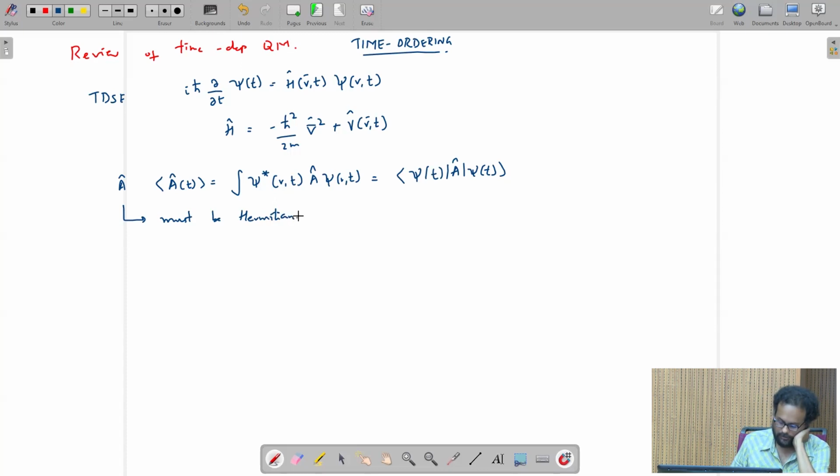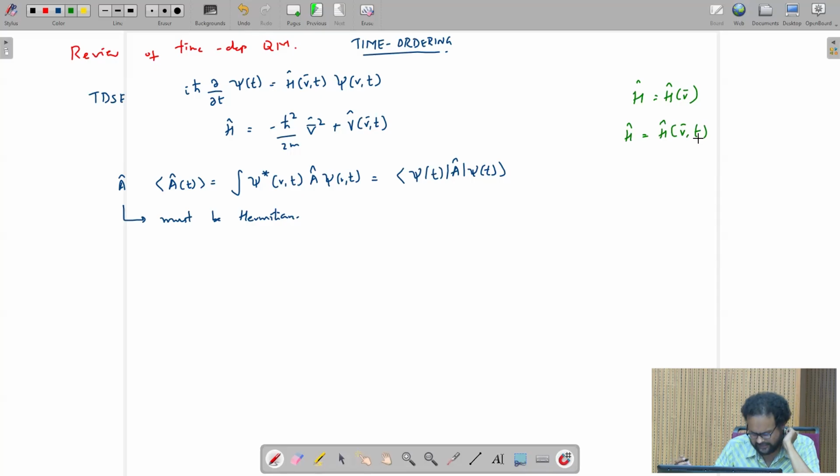So now, I think everybody knows this, but anyway, we'll go over it. We can have a time independent Hamiltonian. If I have a time independent Hamiltonian, then my H will simply be H of R. If I have a time dependent Hamiltonian, then it will be H of R comma T. So that's what we are looking for.